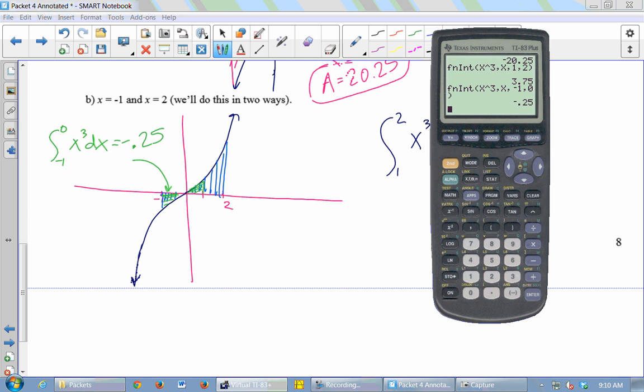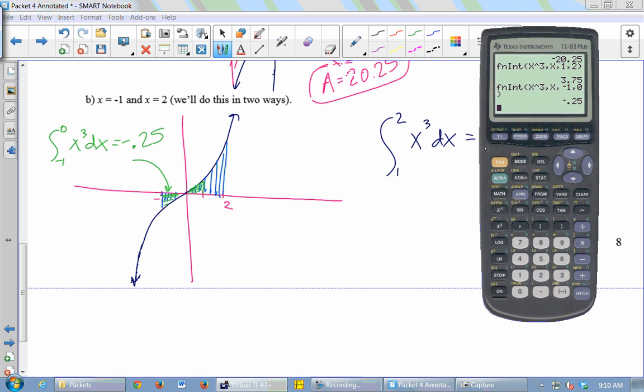And then the area from 0 to 1 is also 1/4. So if I had taken the integral from -1 to 1, it would have told me 0. But if I want to know the total area, I'm going to have to go -1 to 0 and double it, or absolute value and double it.